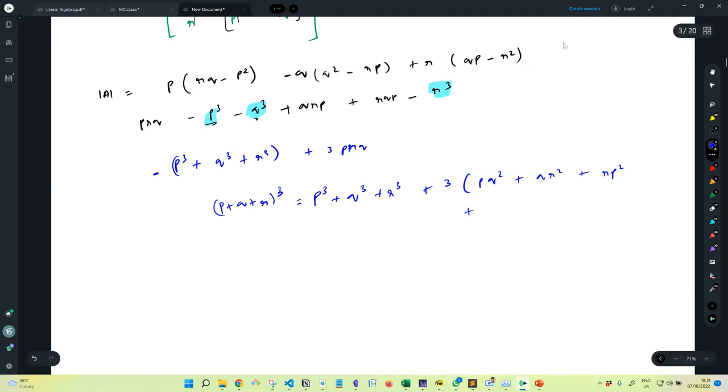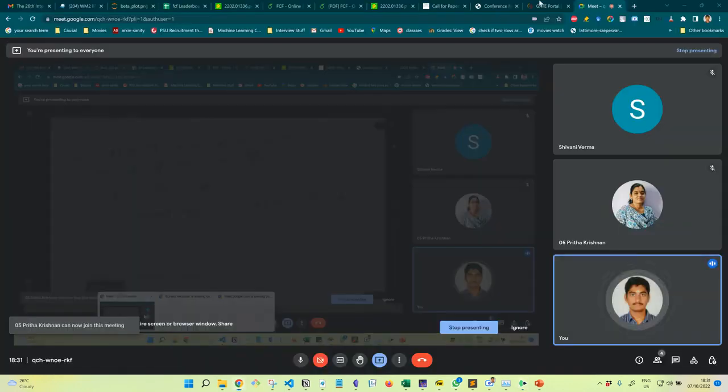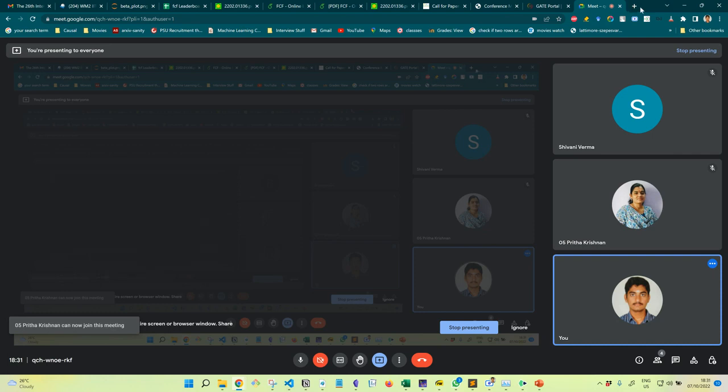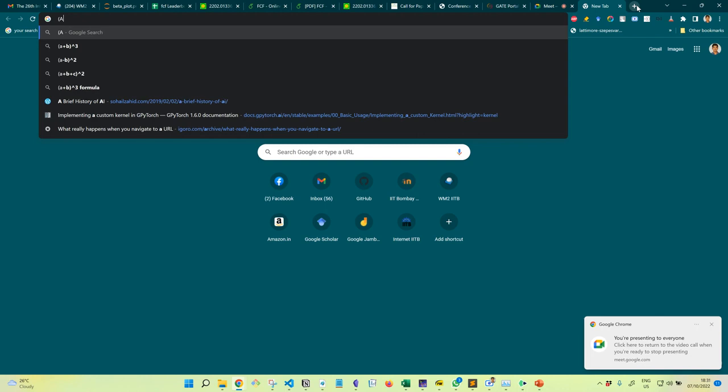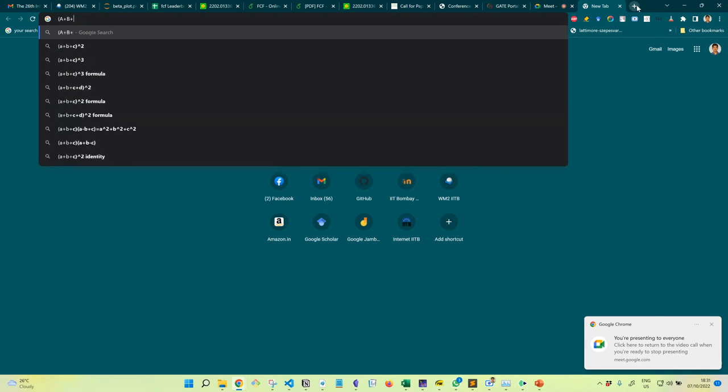Actually, I don't remember this formula by heart. Let us refer to the formula online. A plus B plus C the whole cube.